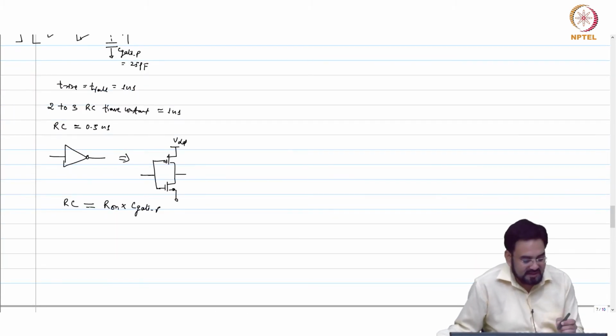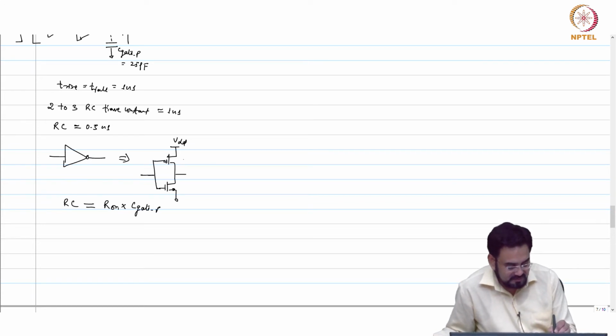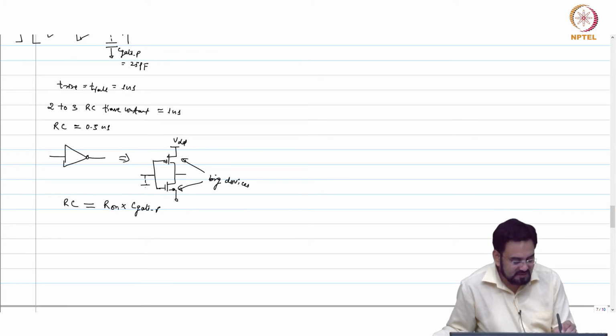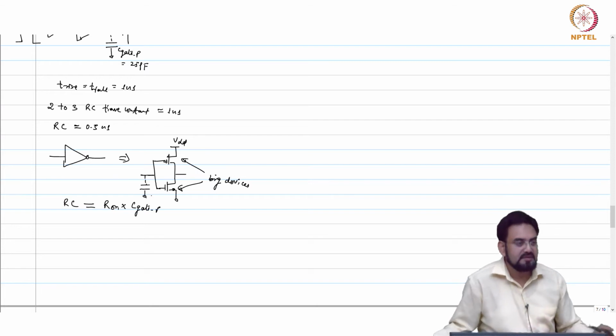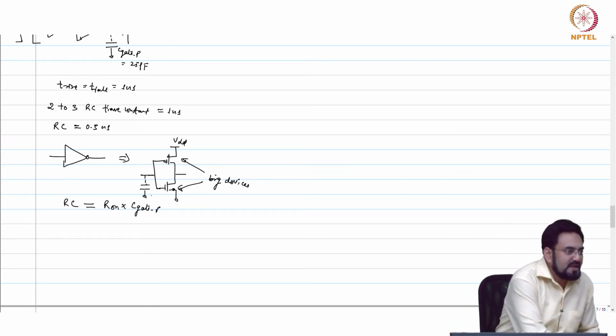Now once you have that, this device is also big. Big devices will have their own cap again, so the previous stage should also be capable of driving that.